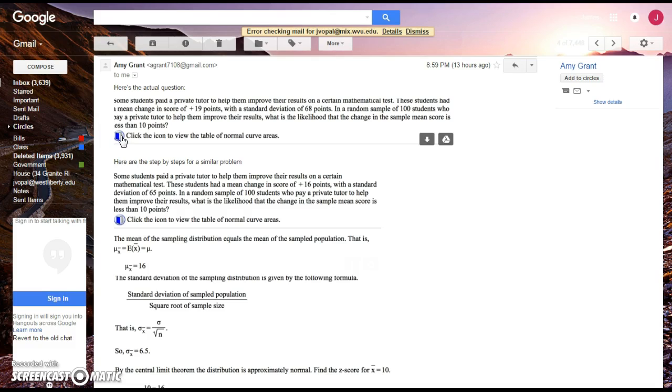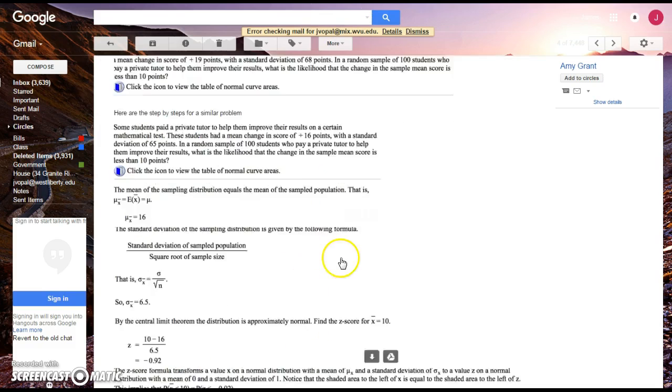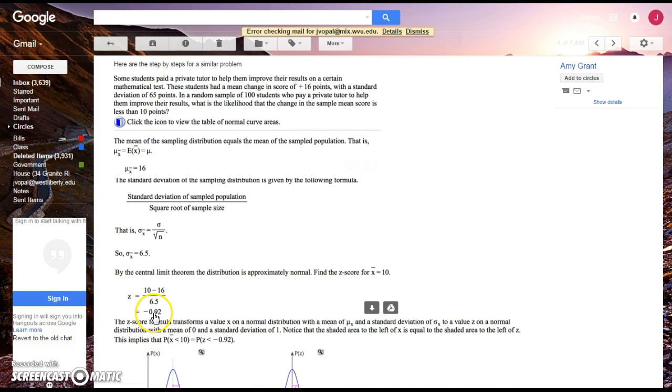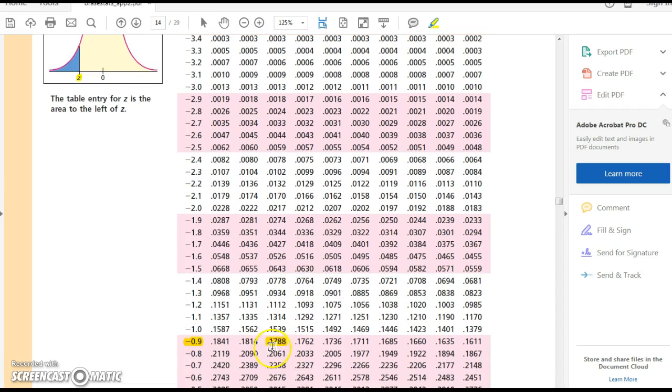Let me read your problem quickly just to make sure that you don't have a greater than. Right, so you have less than 10 points, so once again, it's going to work the same way. Once again, if you had a greater than, let's say we just had z greater than or equal to negative 0.92, I could use this value in the table and just subtract it from 1.